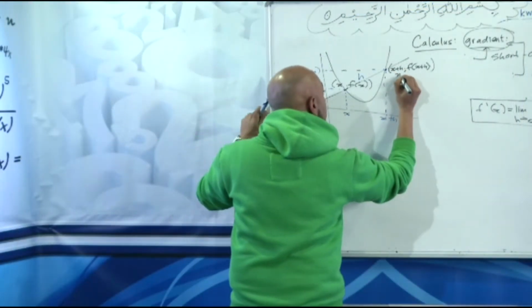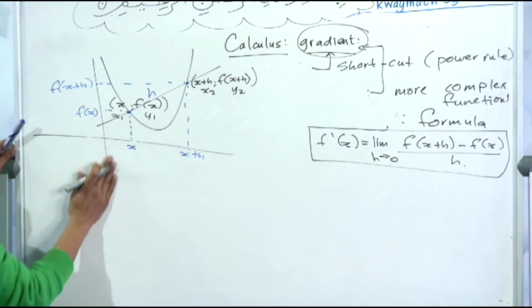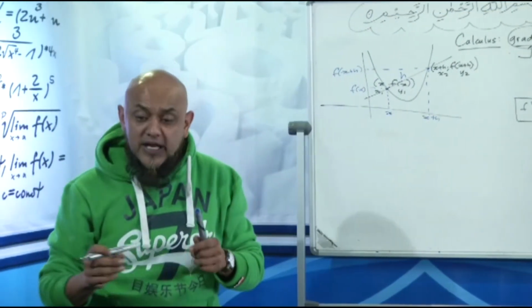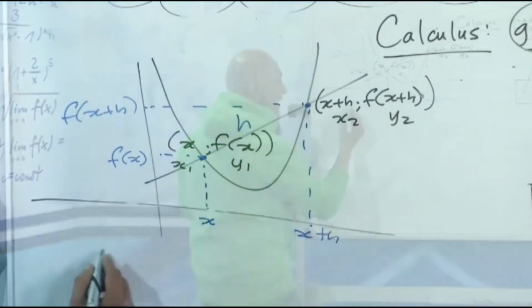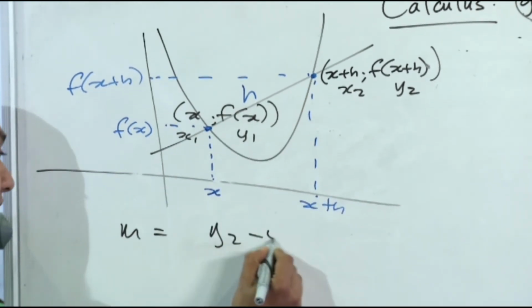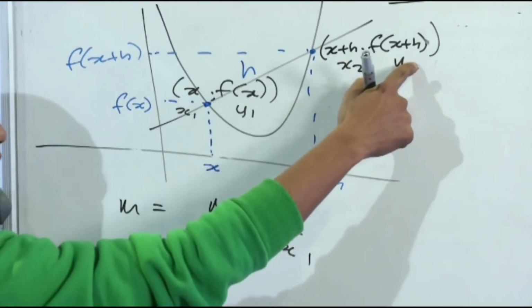So if I call this x2, y2, and that x1, y1, and I want to find the average gradient of the parabola, what do we know about average gradient? y2 minus y1 over x2 minus x1. So the m value is equal to y2 minus y1 over x2 minus x1. What is y2?